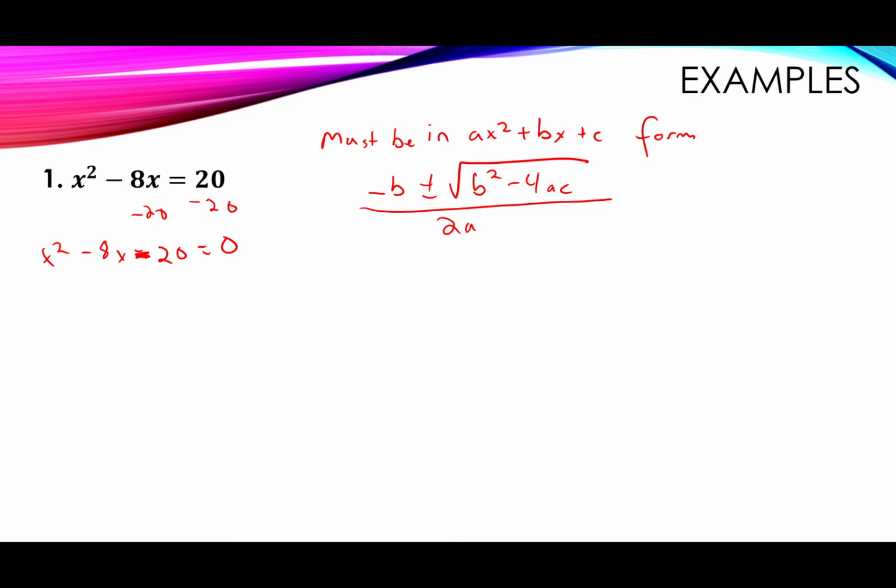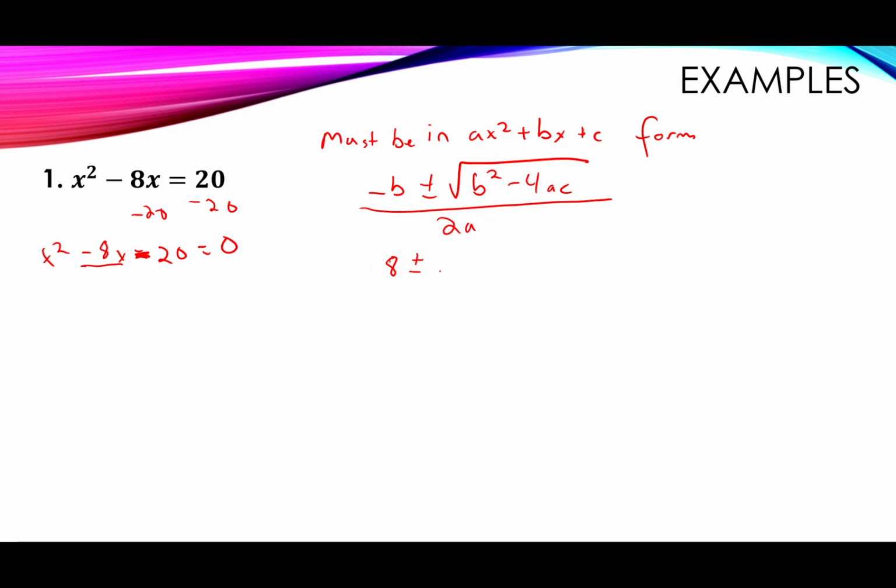And now I just start plugging in the variables. So negative b, well, I'm looking at the middle number here. This is my b. B is negative 8, and so it's already negative, and a negative of a negative is a positive.